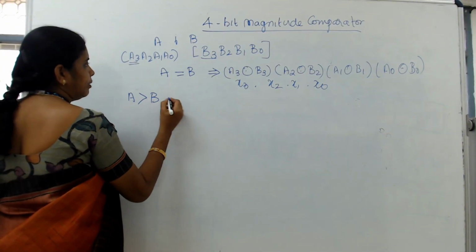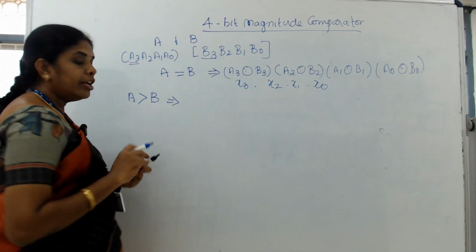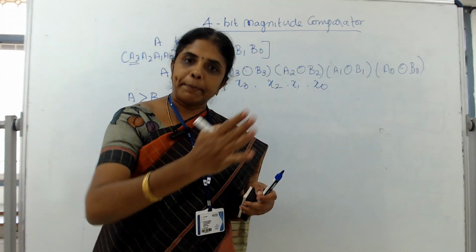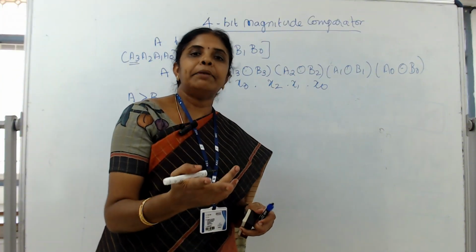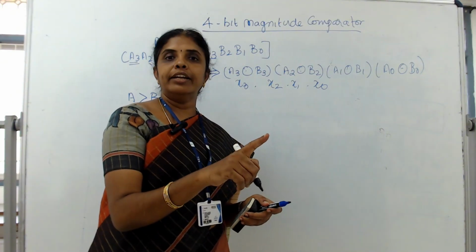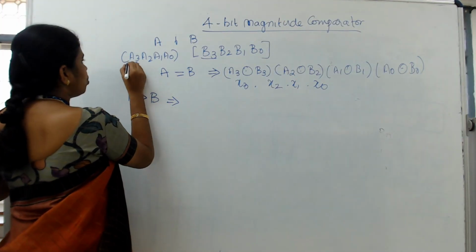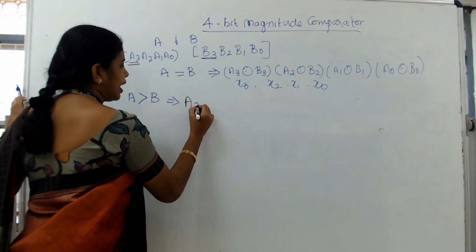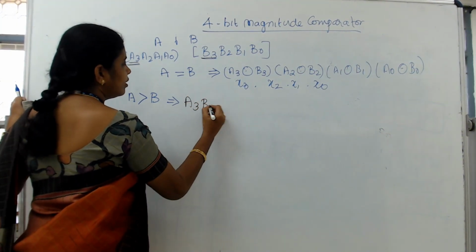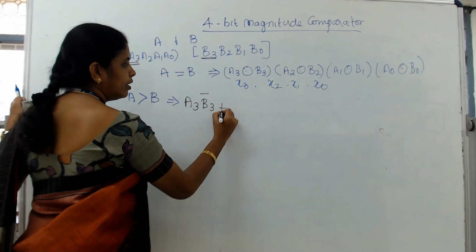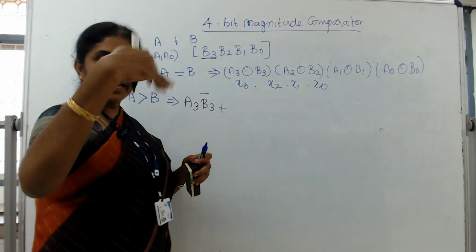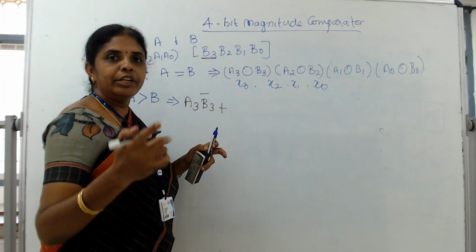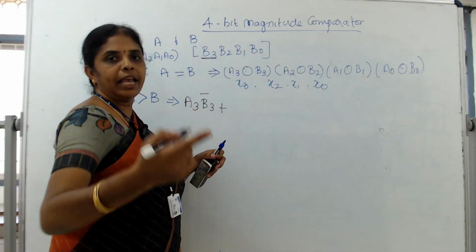Now A greater than B. As we have discussed earlier, scan from the MSB. For A greater than B, A3 should be 1 and B3 should be 0. So this bit should be 1, this bit should be 0. So we can write the expression as A3 B3 bar plus, second condition, if the values of A3 and B3 are equal, you have to check the next bit, MSB minus 1.